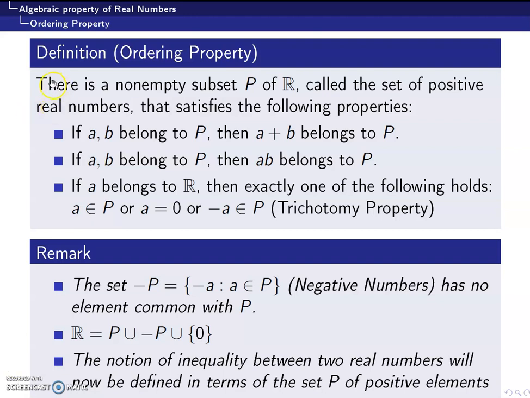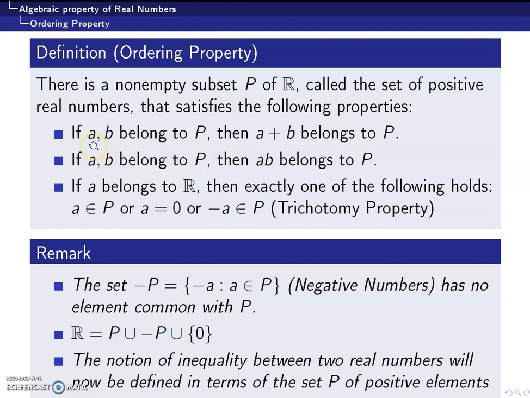The ordering property of real numbers can be stated as: there exists a non-empty subset P of R, which is called the set of all positive numbers, which satisfies the following three properties.